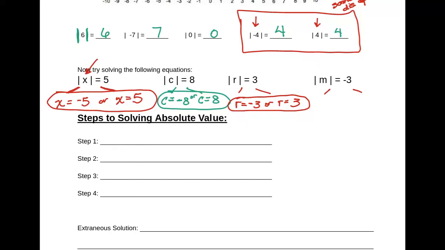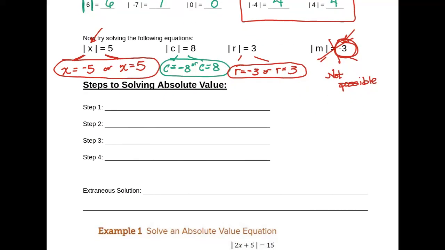And initially you want to say M is -3, but wait, absolute value is a distance. Can we have a distance of -3? No. So this is not possible. You cannot have an absolute value equal to a negative number.